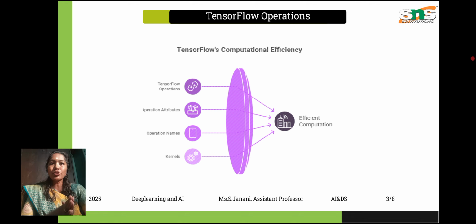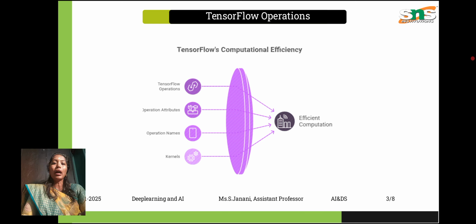Just like a classroom task is divided among teachers, students and exams, TensorFlow divides work into small operations. A one-line definition: operations are the basic computational units that act on tensors and work together in a dataflow graph to enable learning and prediction.